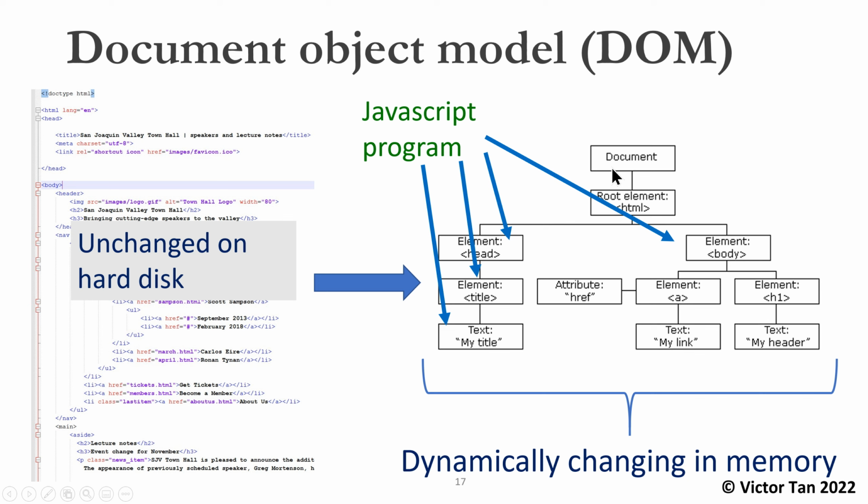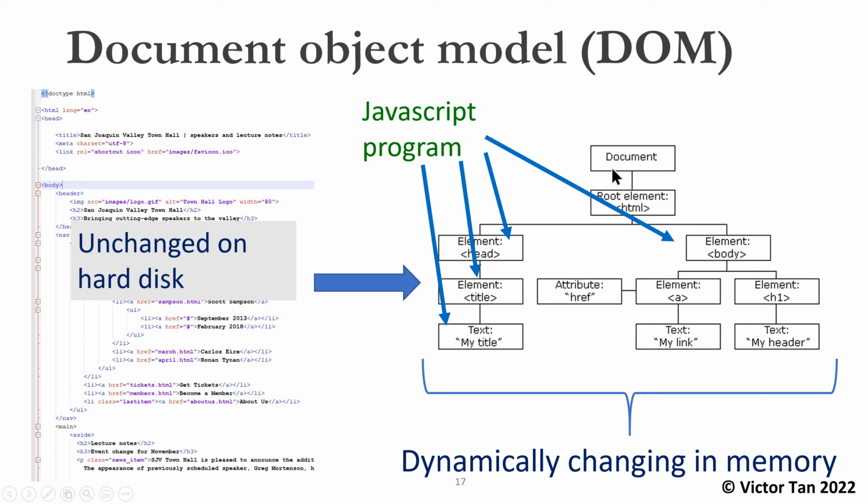Okay, this is the basic idea, and this is true whether we are working with pure JavaScript as it is, or with a framework such as Angular, React, or Vue. Because at the end of the day, the Angular program, the React program, or the Vue program is essentially going to be converted back into JavaScript.